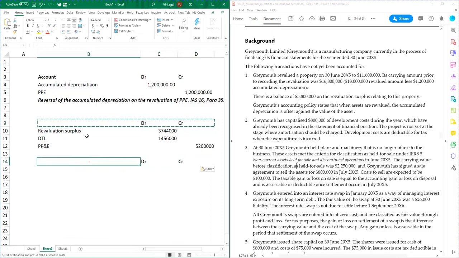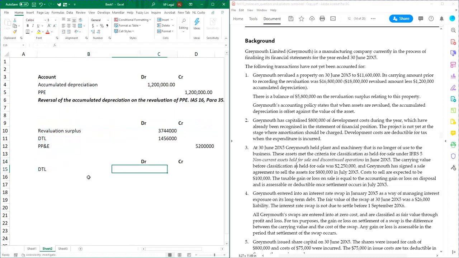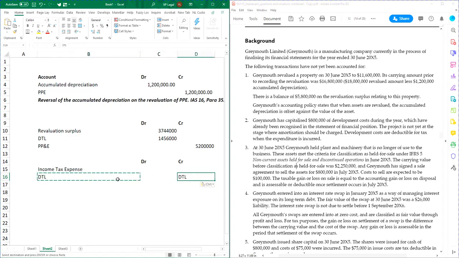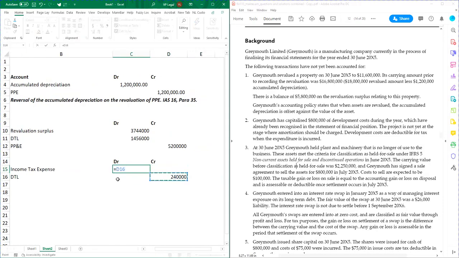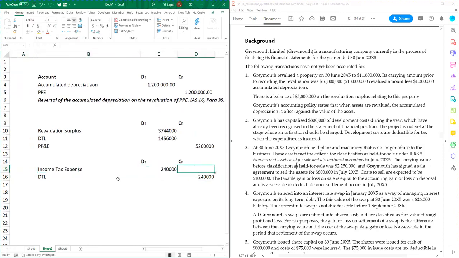So let's journal this in now. There's going to be an income tax expense, so we're going to go DTL to recognize the future tax liability of 800,123 times 0.3, and then equal that. 224.